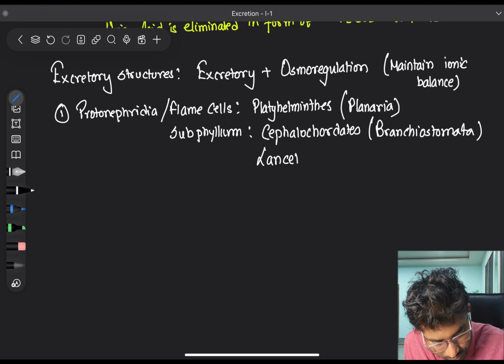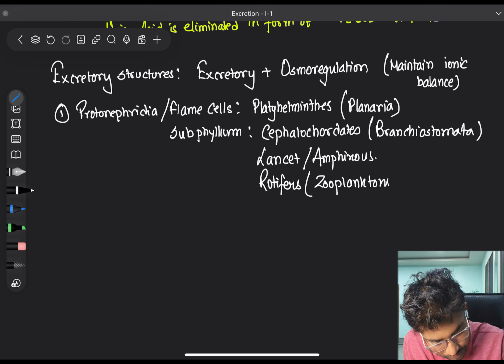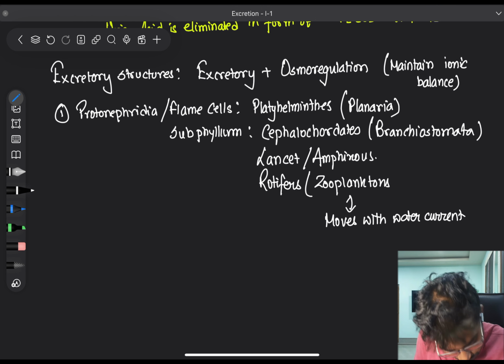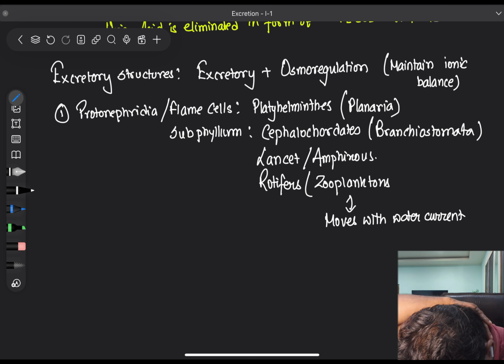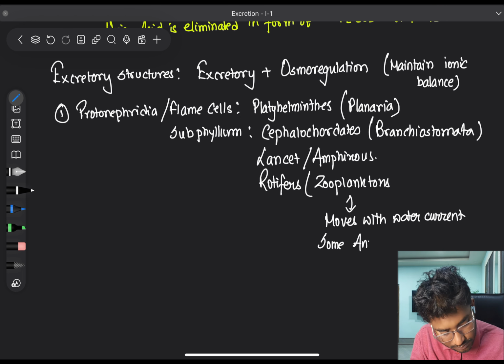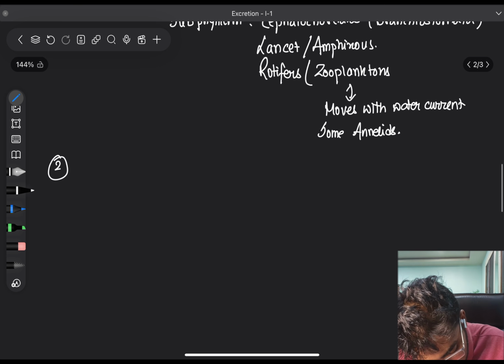Then the lancelets, amphioxus, and rotifers, that is zooplanktons, which move with water currents. Some annelids as well.